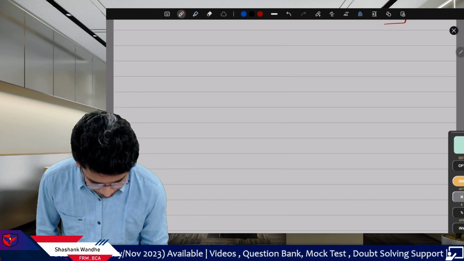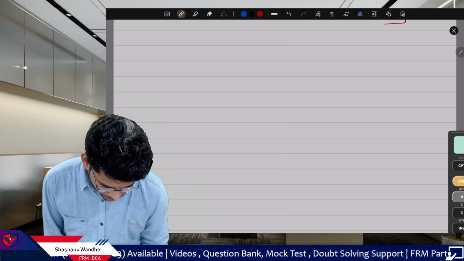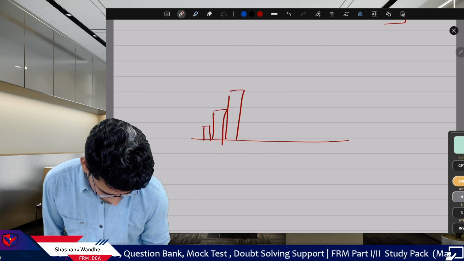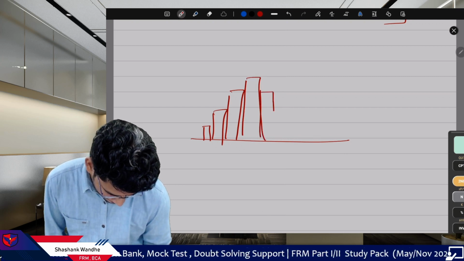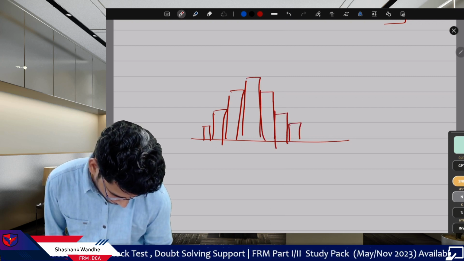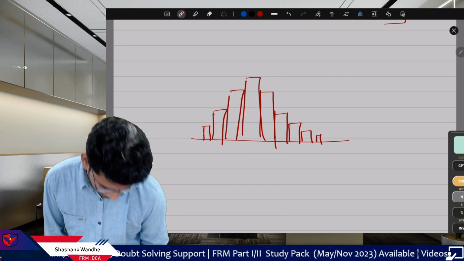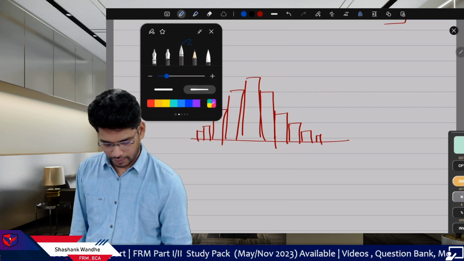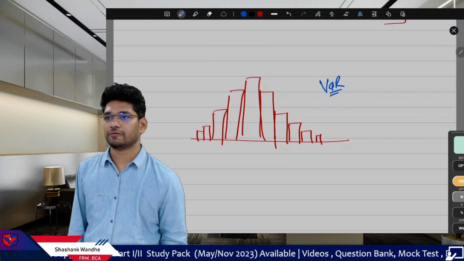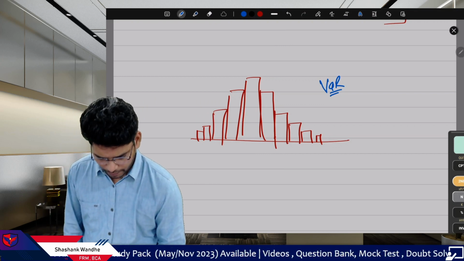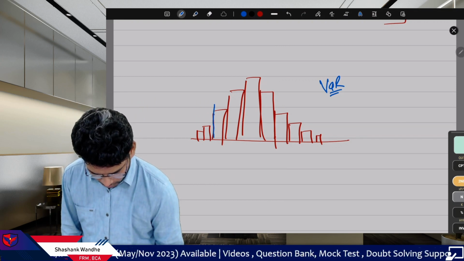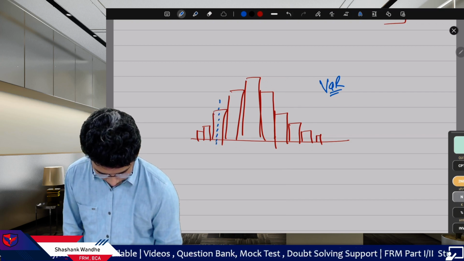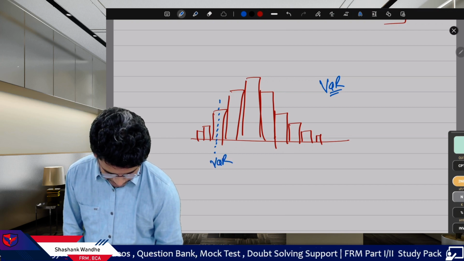Now let's again draw a distribution. On this distribution, say we want to calculate value at risk. Let's assume this is the particular point where value at risk lies.